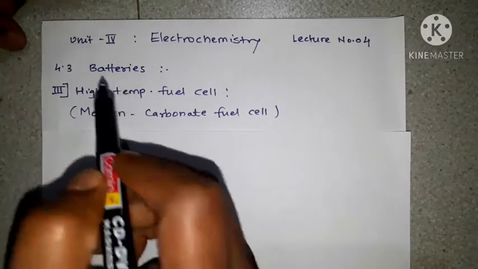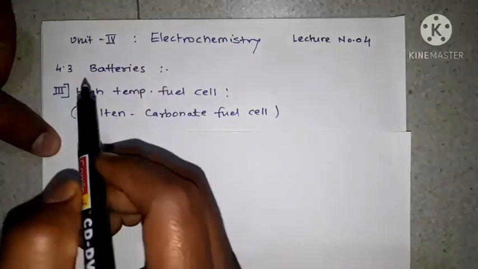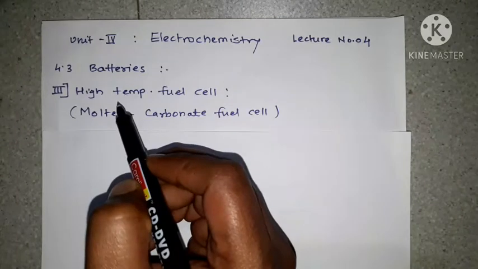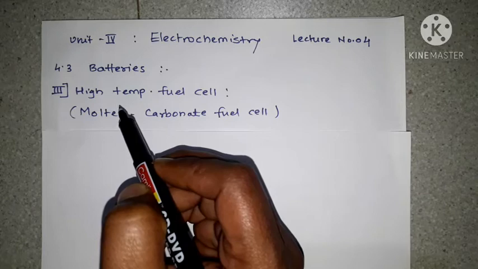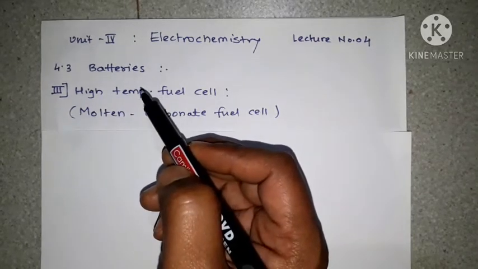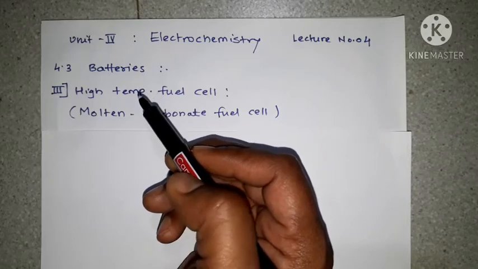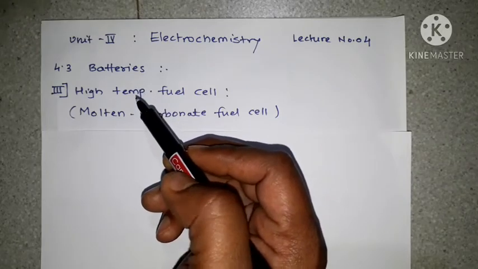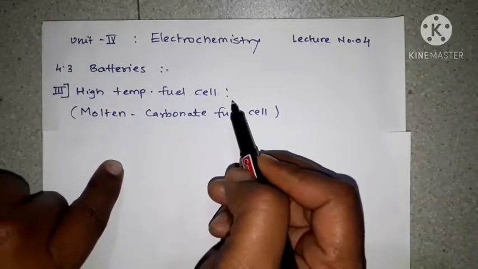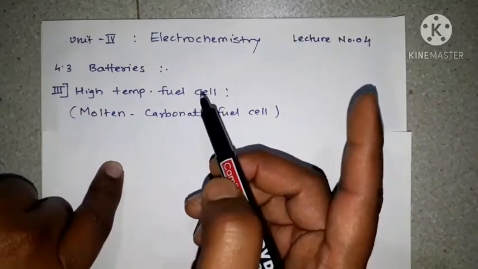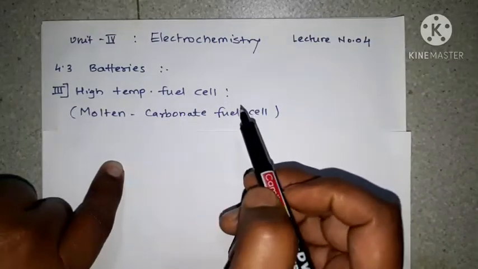In the 4.3, that is the batteries part, we have already completed 3 fuel cells: the alkaline fuel cell, then the phosphoric acid fuel cell, and the third one, the solid oxide fuel cell, from the high temperature fuel cells. As we know, there are two examples of high temperature fuel cell. In my previous video we completed the solid oxide fuel cell.